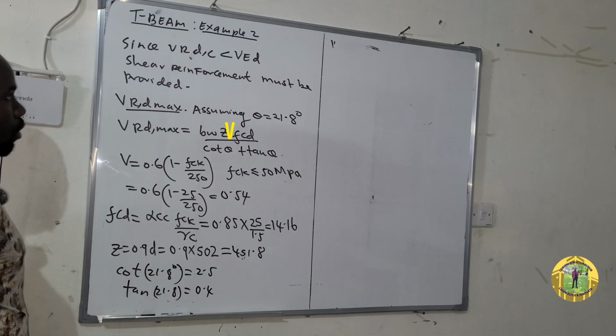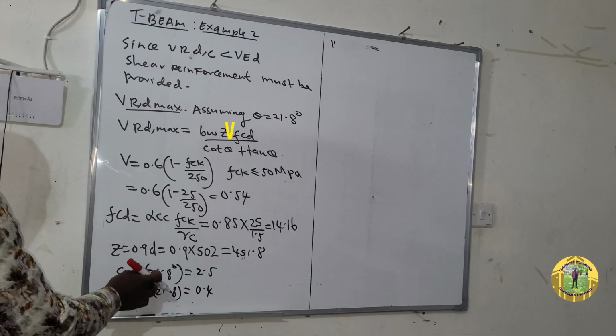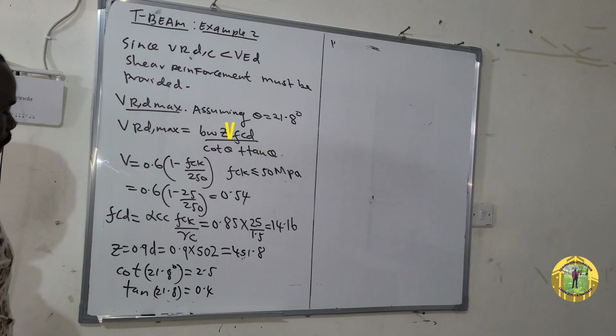Cot is cosine over sine. So you can do cosine 21.8 all over sine 21.8.